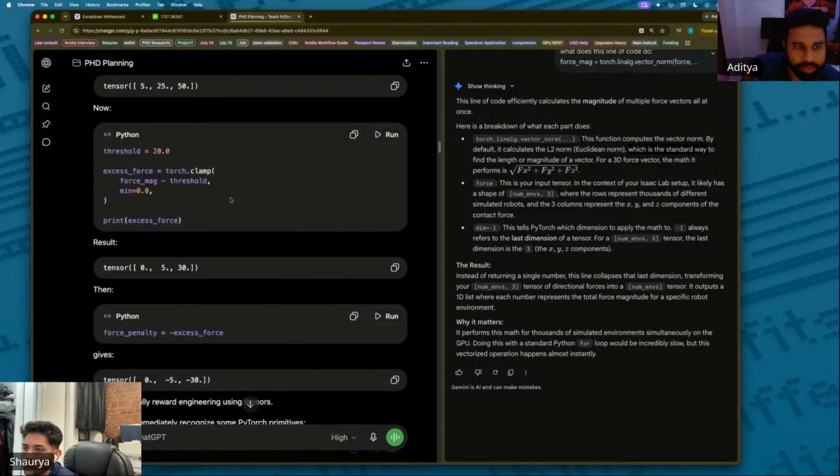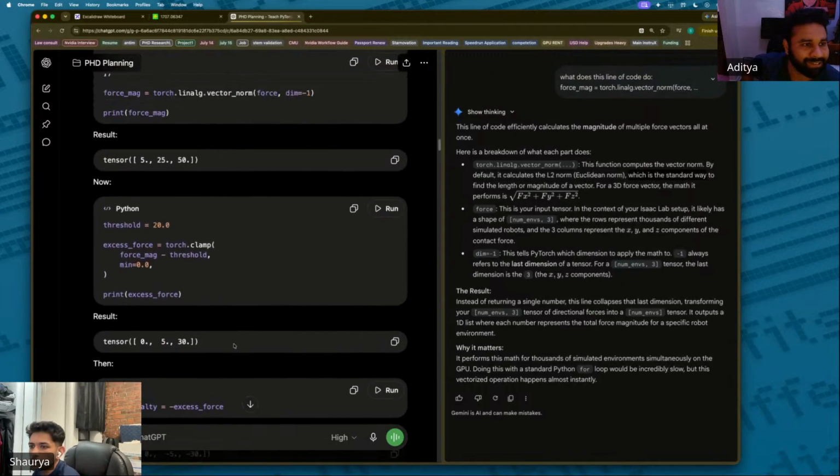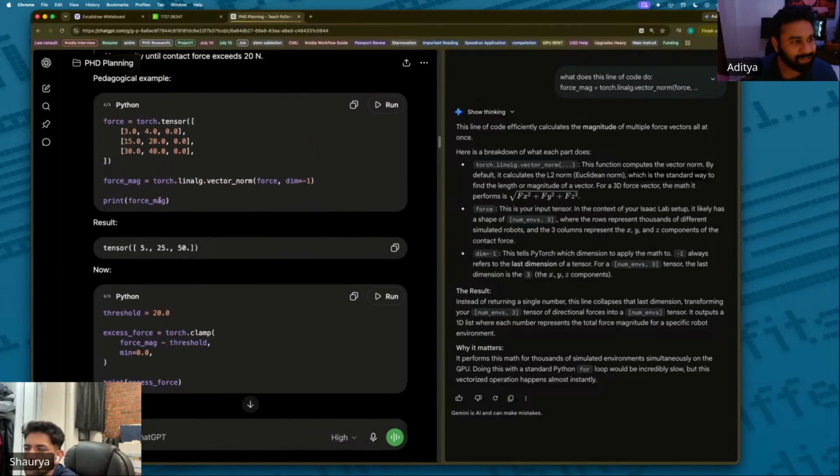I know what's going on over here, but one second. Force mag. So this is just taking the Euclidean magnitude of the force.